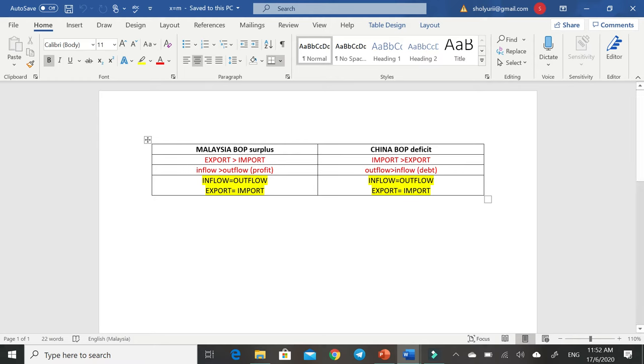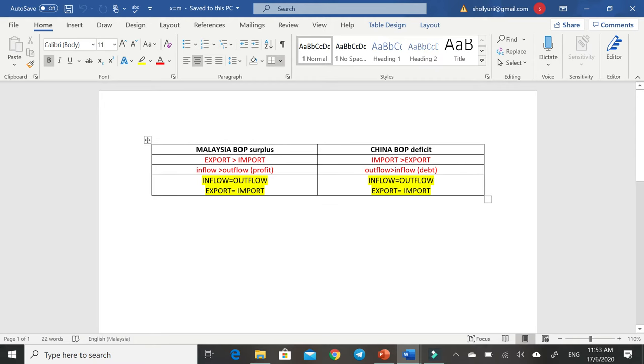Well, in China, the opposite will happen in terms of the relationship with Malaysia lah. Kat China pula akan berlaku import dia kurang daripada export. Okay, import dia lagi besar daripada export because they are buying much product from Malaysia, tapi dia tak berjaya jual produk ke Malaysia.